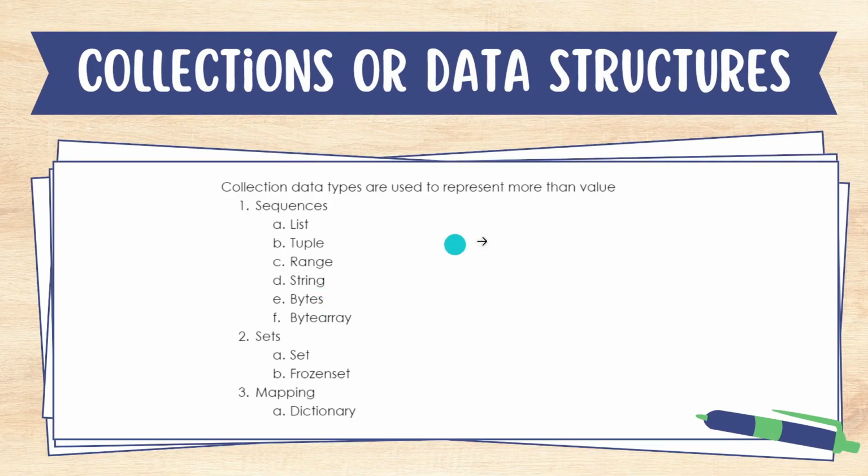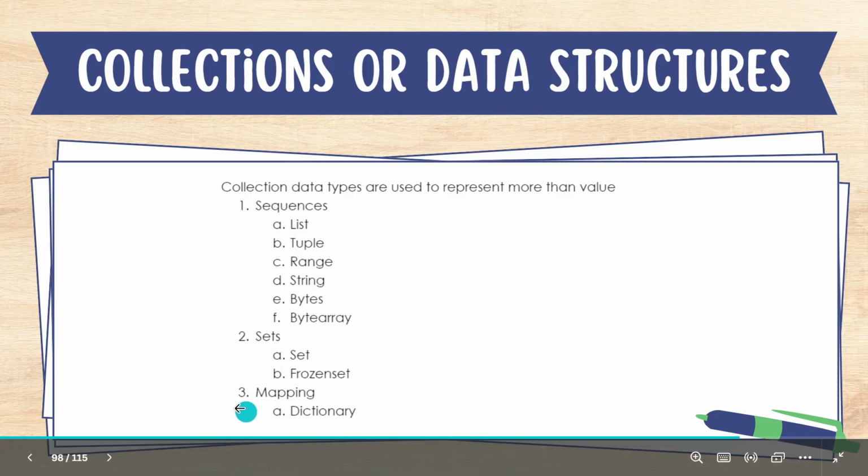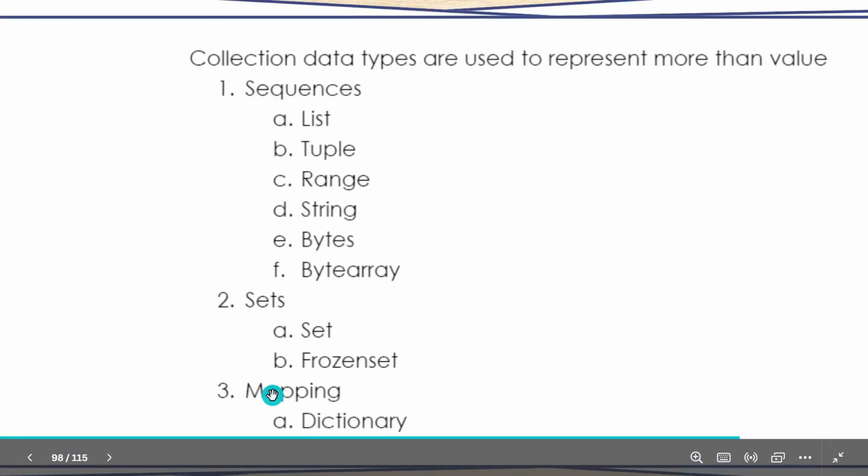So are you understanding this much? Inside the collection we have three categories. One is sequence: list, tuple, range, string, bytes, and byte array. The second category is sets: inside it we have set and frozen set. And then we have one more category, which is map.